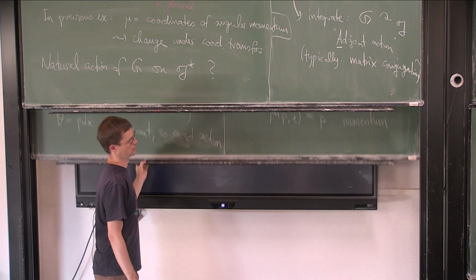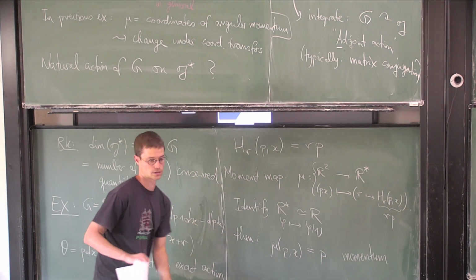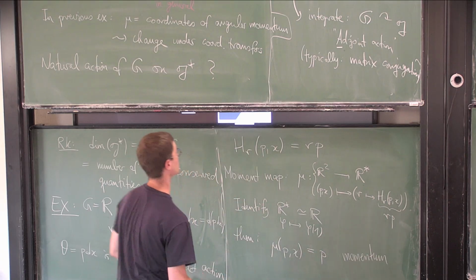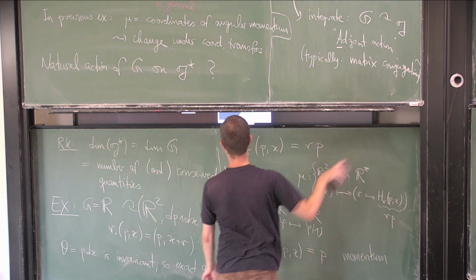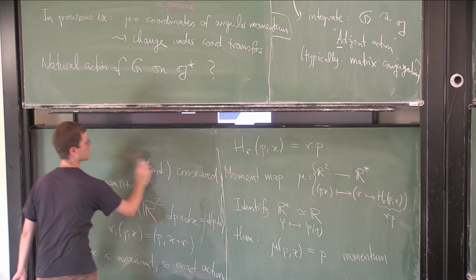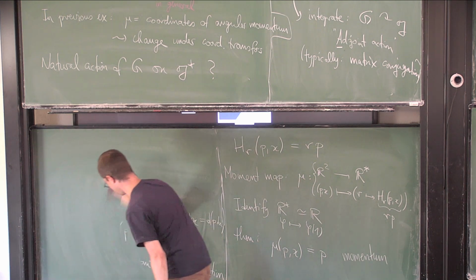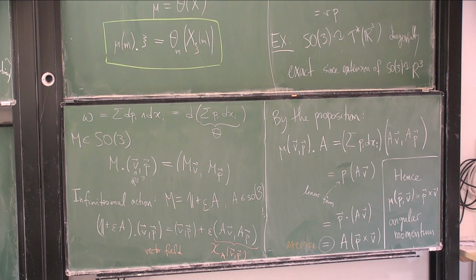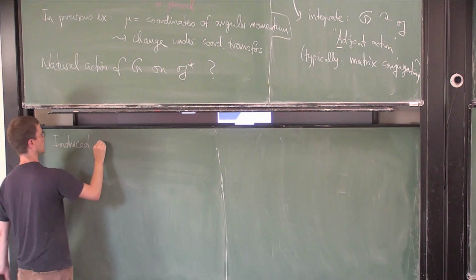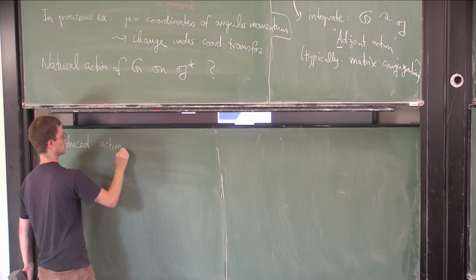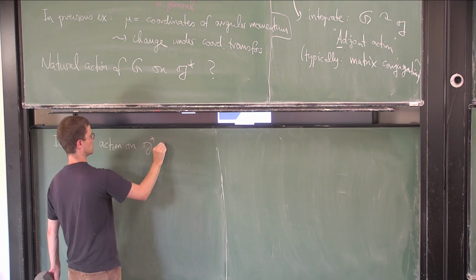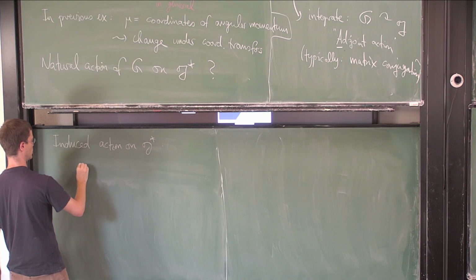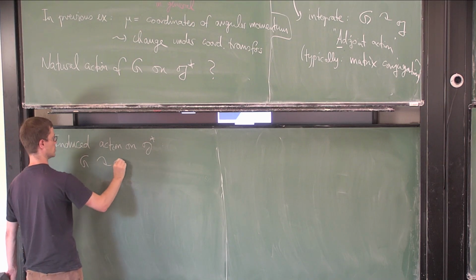This is a technical definition, but we will see that in most cases you can again think about it as matrix conjugation. Then you have the induced action of G on G star, and this is called the co-adjoint action.